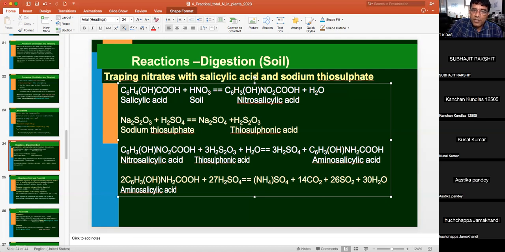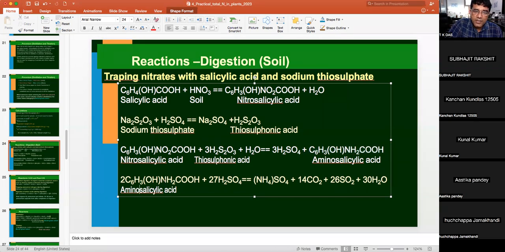Now these two, thiosulfurous acid and nitrosalicylic acid, will react in the presence of water, sulfuric acid is produced, and now this is your aminosalicylic acid. Nitrogen has been reduced to ammoniacal form, NH2, the ammonium form you can call it.